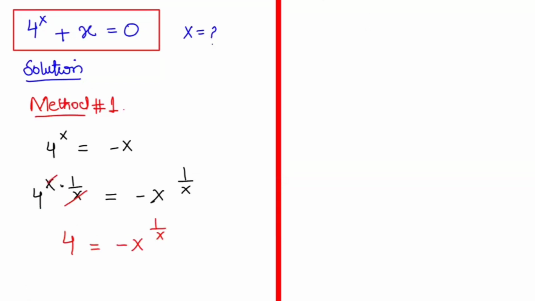Now we're going to let 1 over x be equal to negative y. Now I want to solve this expression for negative x. So for that, I will multiply both sides by x and divide both sides by y.